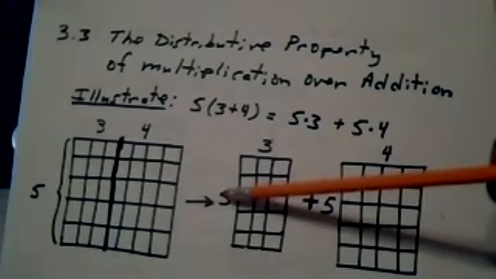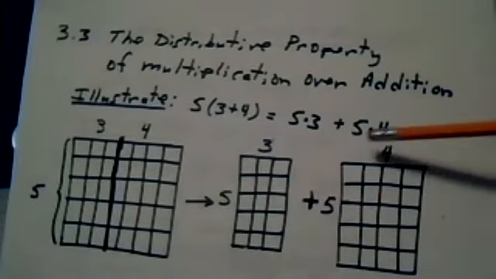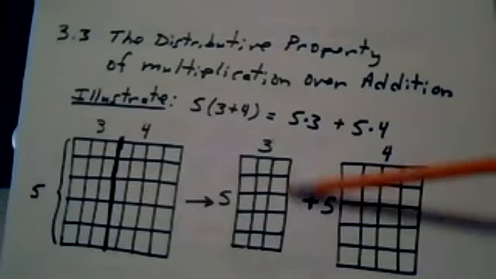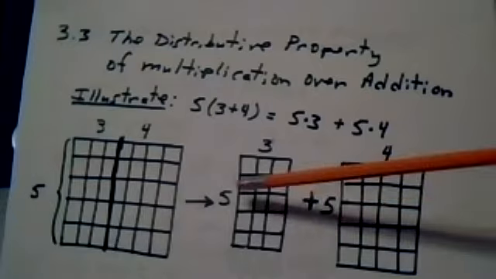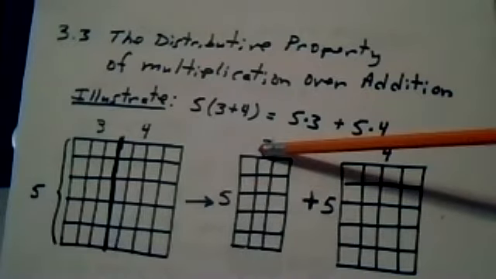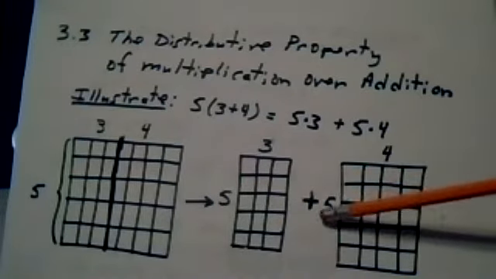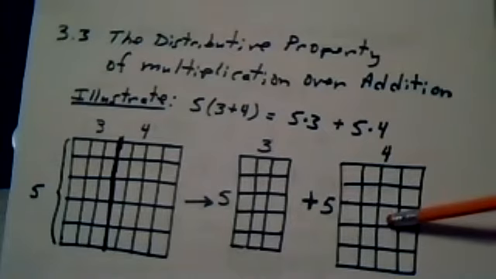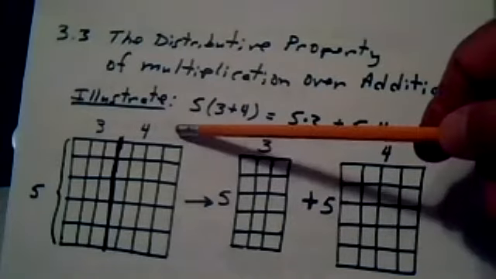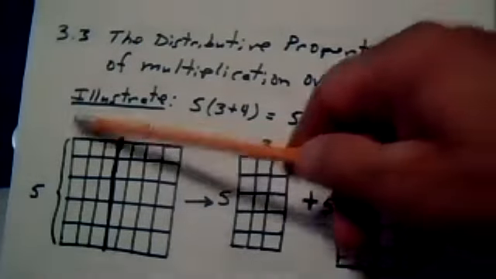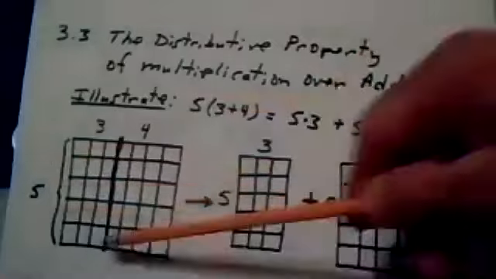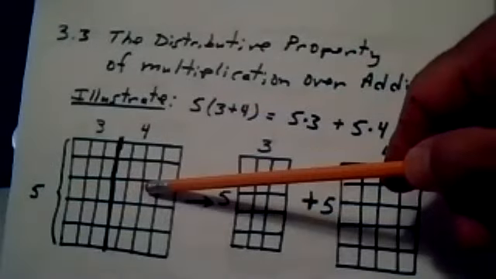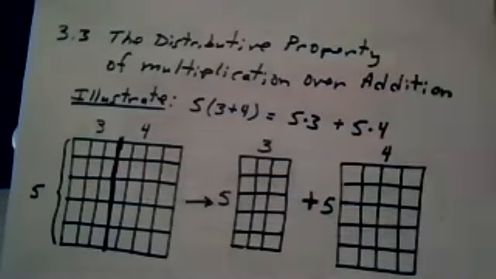The 5 hasn't moved and the 4 is here. So you could do them individually, and notice this would be 5 times 3 is 15 plus 5 times 4 is 20. So if you add them, you would get the total number of squares in the original diagram.